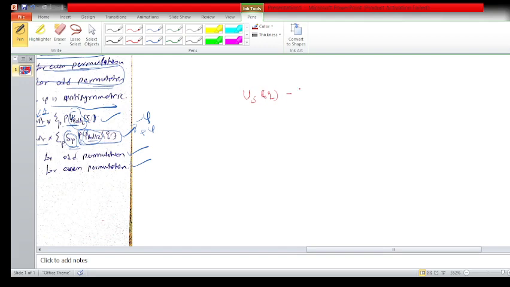So for the symmetric wave function, if you consider the Boltzmannian representation of that state, then you have to take the product of each of these systems. So you can consider u1 of a, then u2 of b, u3 of c.